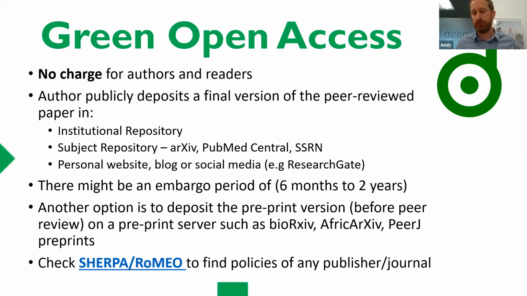And there can be lots of different rules about what can be done with this, depending on the journal or depending on the publisher. But this is quite a common option. I can give some examples in a bit. So this is either the final version of the paper that's peer reviewed before it goes on the publisher website, or there are also options called preprints, which can be put online before the peer review of the paper is actually done.